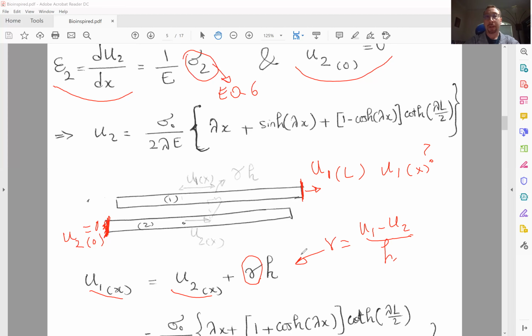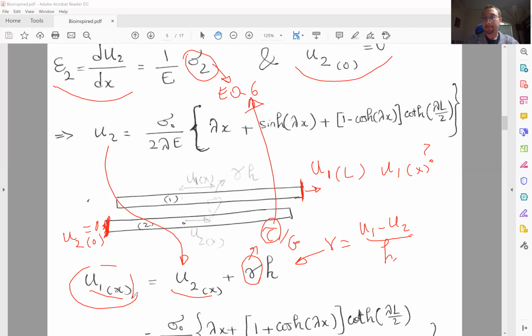So now that I have U2, I can put it in here. And instead of gamma, I can just put tau over G. This is the G of the mortar. And tau is again from equation 6. I can put both of them in here, and that allows me to calculate U1.